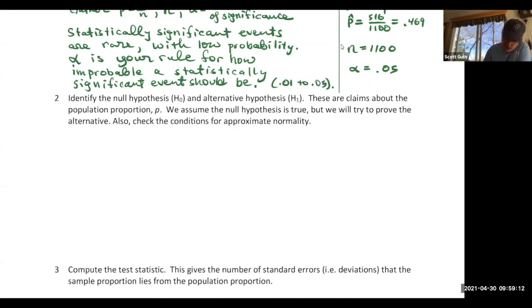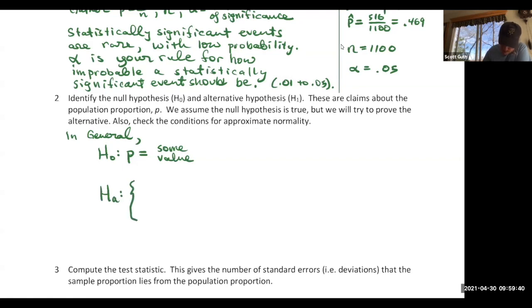So in general, the null hypothesis says that p is equal to some value. Okay. The alternative hypothesis has to be one of the three that I'm listing.